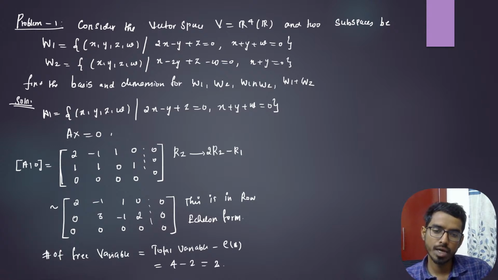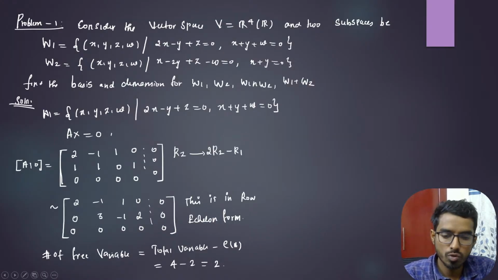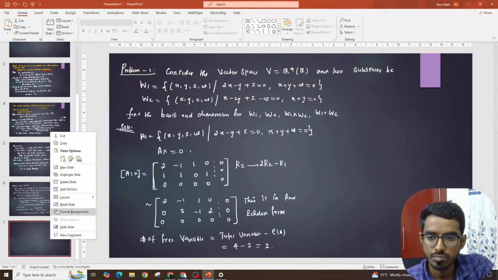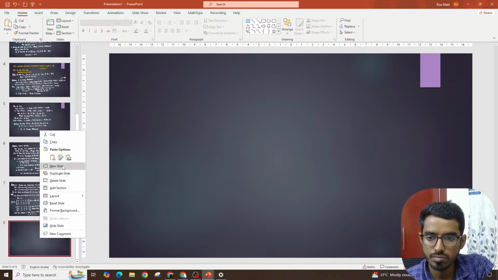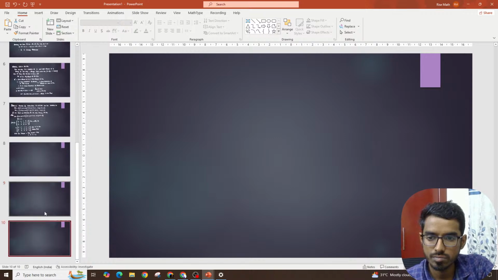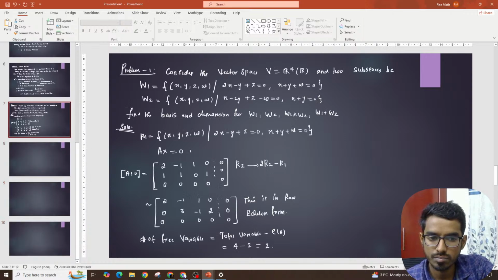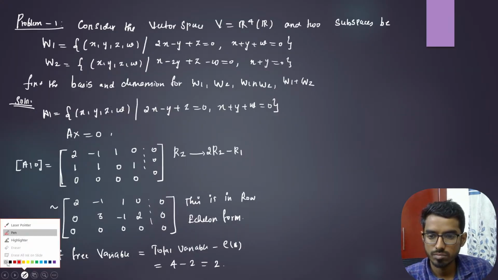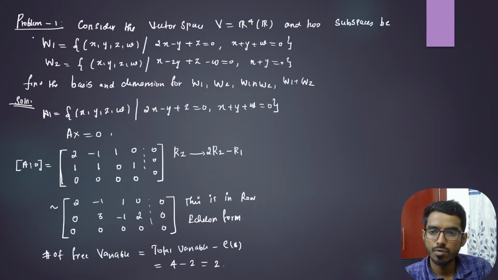Rank is 2. So we have two free variables, right?